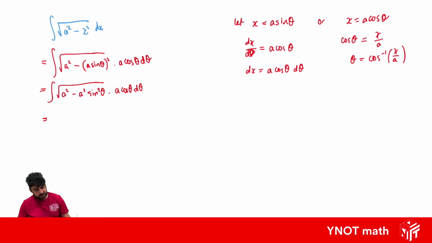We can factorize out the a squared inside the square root, so we get a squared outside of 1 minus sine squared theta, times a cos theta d theta. We're going to have the integral of the square root of a squared. Now 1 minus sine squared, that's just cos squared.